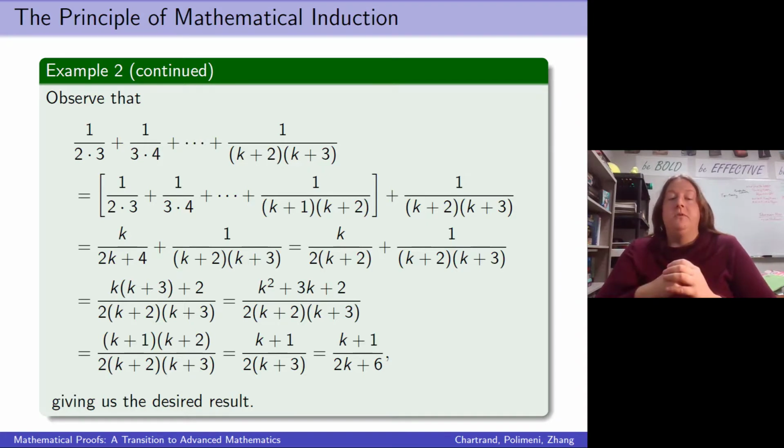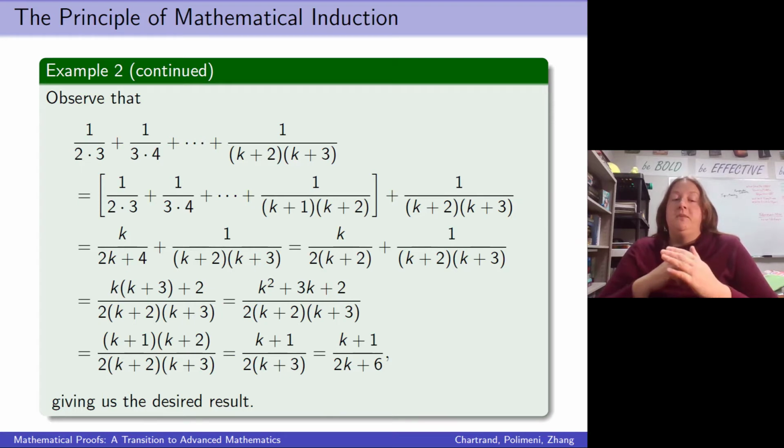Now, simplifying my numerator, I find that I have k squared plus 3k plus 2. And then I notice that I can actually factor that, and I can get k plus 1 times k plus 2 all over my denominator of 2 times the quantity k plus 2 times the quantity k plus 3.